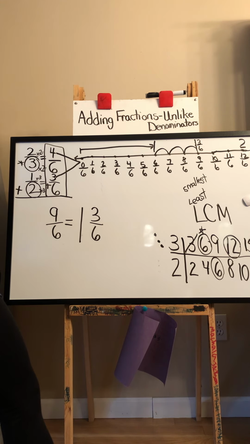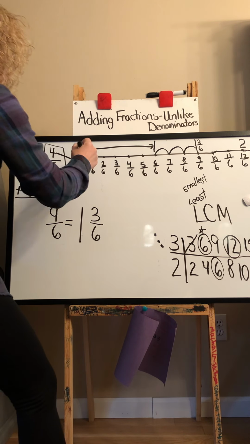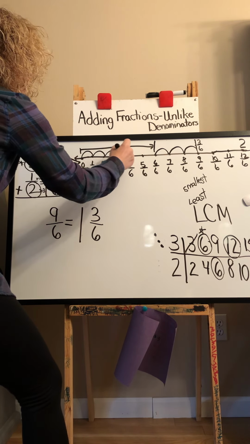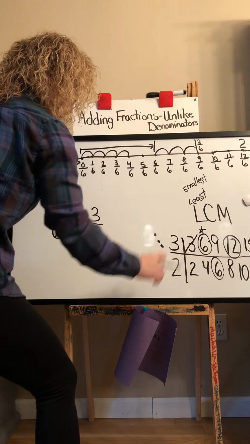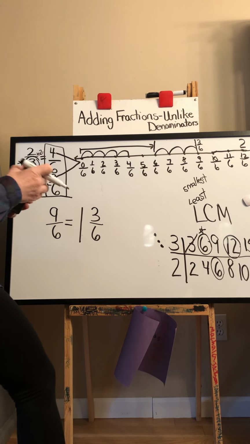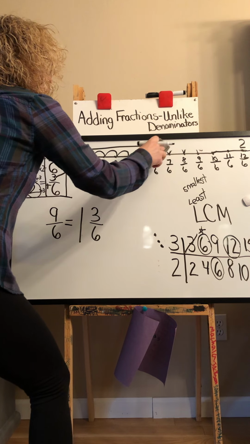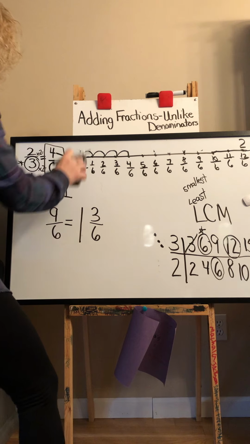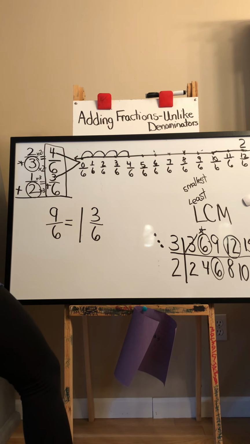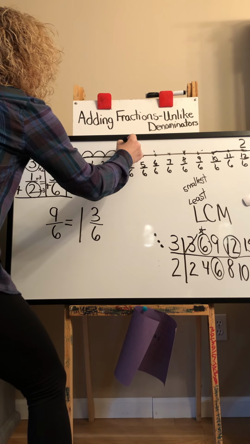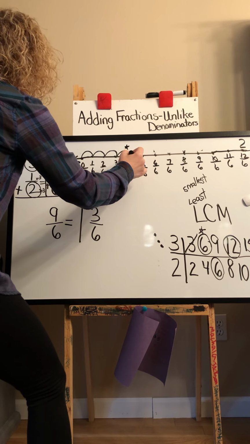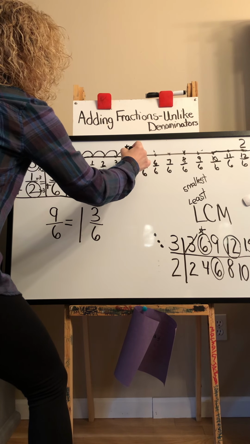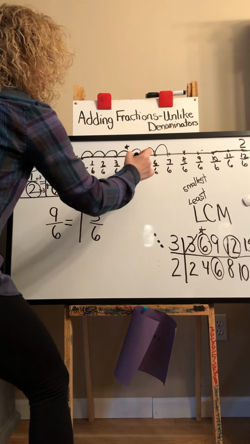That's how I show it if I have to show work. If I also had to show work for the adding part, I could do 1, 2, 3, 4, 4/6. And then I'm going to add 3 more, 1, 2, 3.